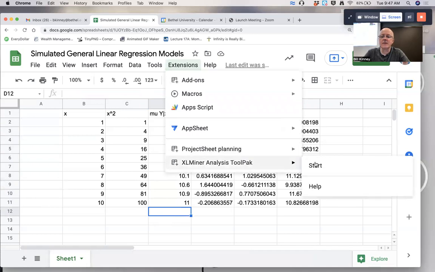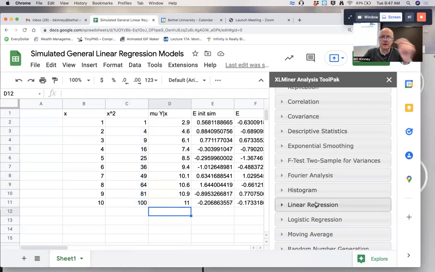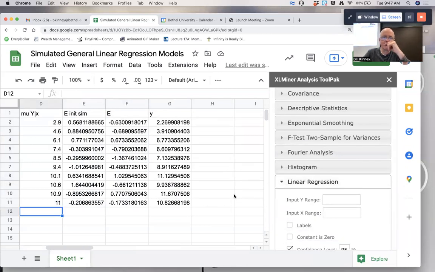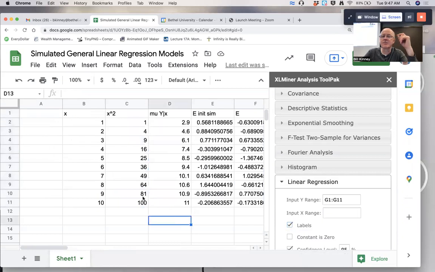Go back to Excel minor. Linear regression. The Y range is now in column G, including the labels. The X range, okay, here's something else. Don't just highlight the X column, also highlight the X squared column.